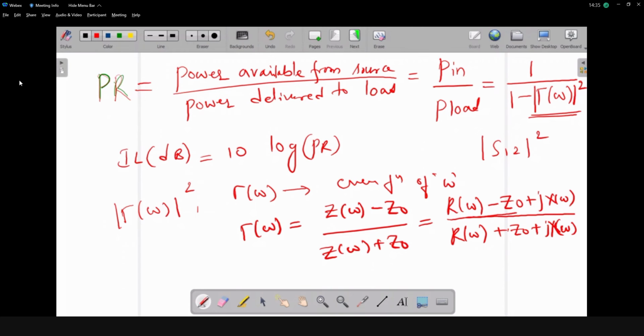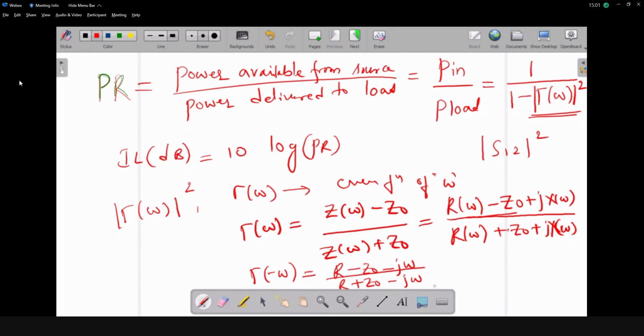Now if we take Γ of minus ω, what will it become? You will get R minus Z0 minus jX, divided by R plus Z0 minus jX. So this is what we are going to get for Γ(−ω).